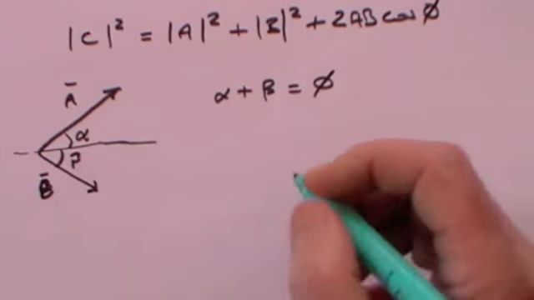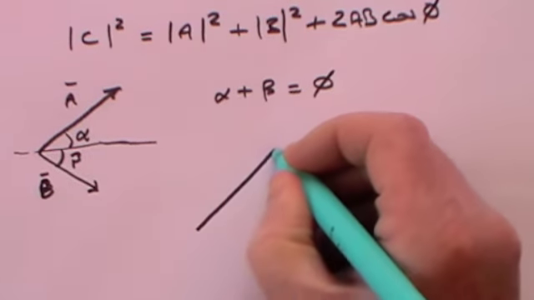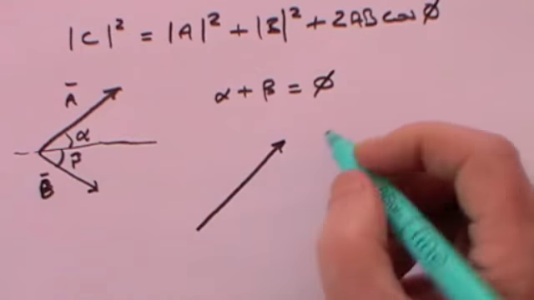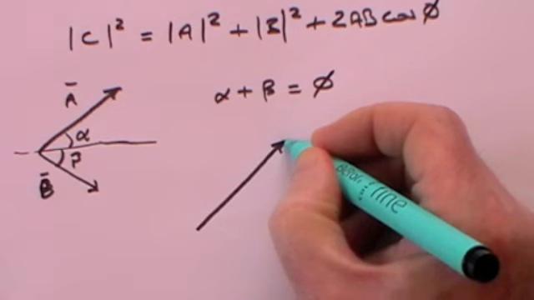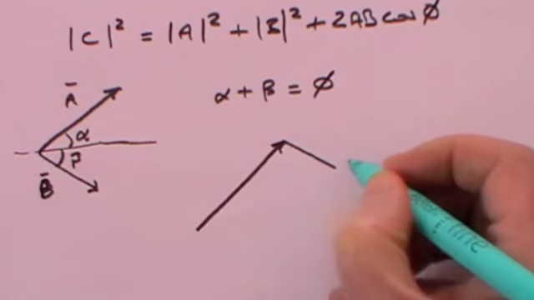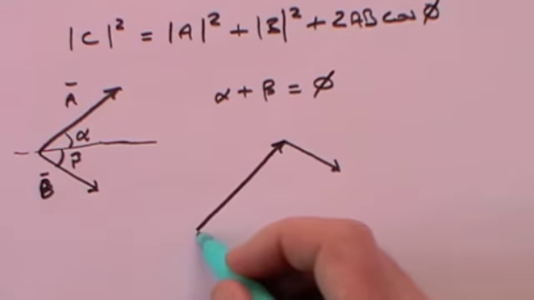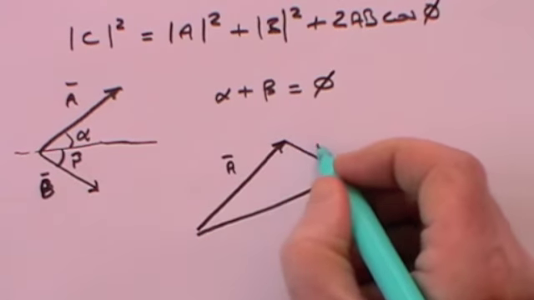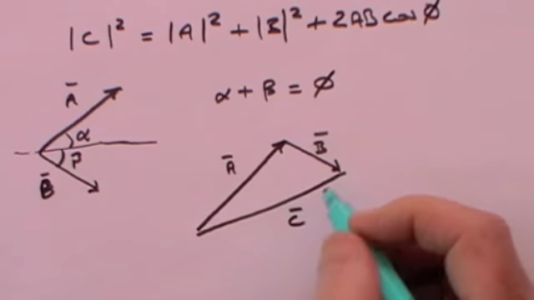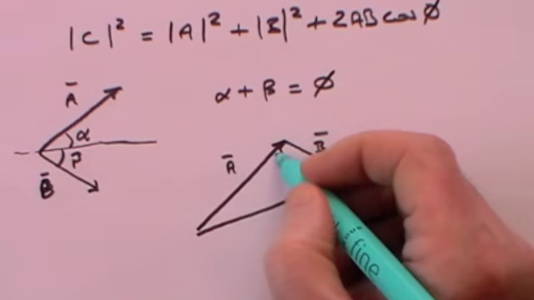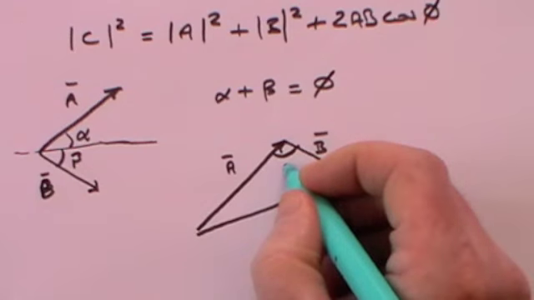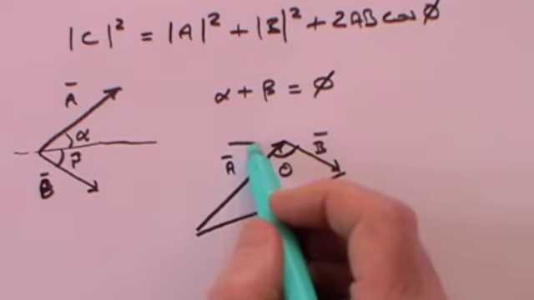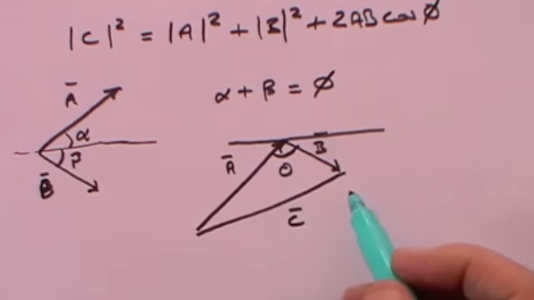So once again, I'm going to draw A, and then B goes tip to tail, so you put the tail of B to the tip of A, and then the resultant C is here. So this is A, this is B, this is C. I'm going to call that angle theta. I'm also going to draw the x-axis along that line like that.